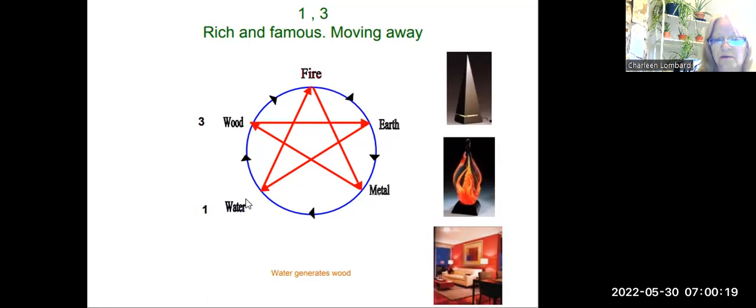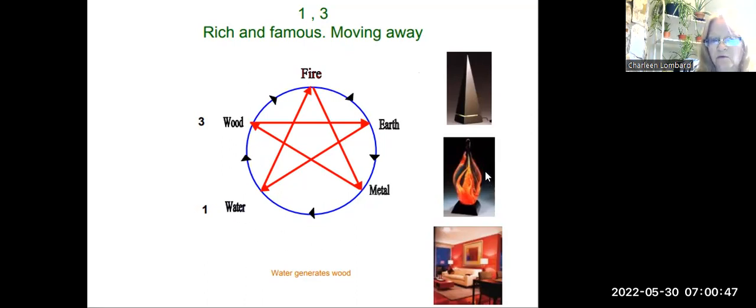This would be a good combination because it actually creates rich and famous or moving away. So this combination, you wouldn't have to correct it because it's actually a good combination. So what you would do is you could enhance it. So this would be a good area to put a water fountain in, depending if you have no bad energies like a number 5 or a number 2.